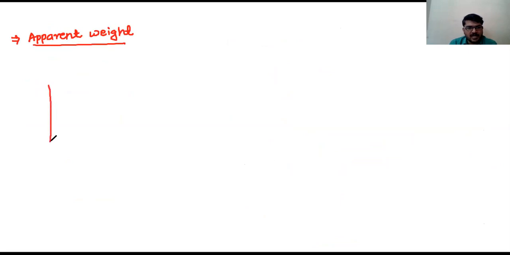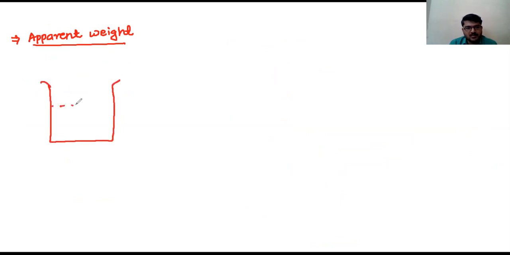Now see here, again I am drawing another diagram. What is effect on apparent weight? Yes. So let me draw first diagram. How will be the apparent weight when an object is immersed in a liquid?